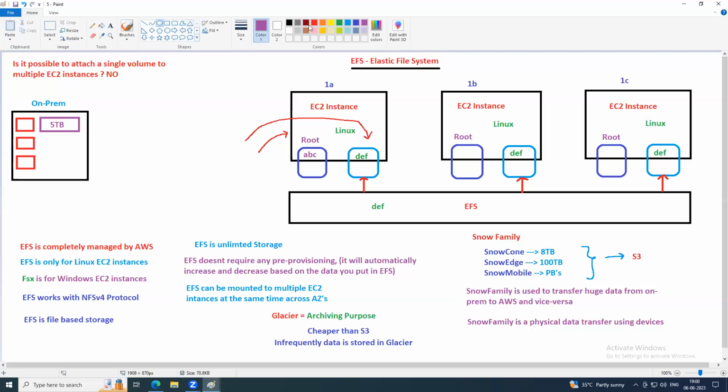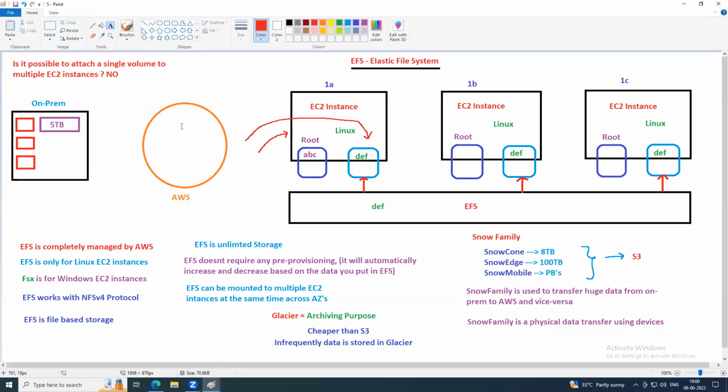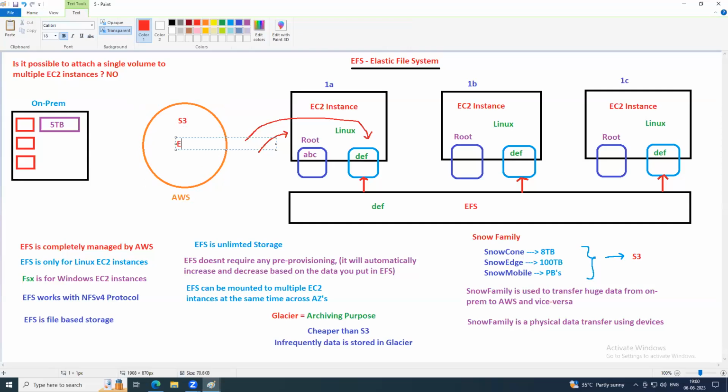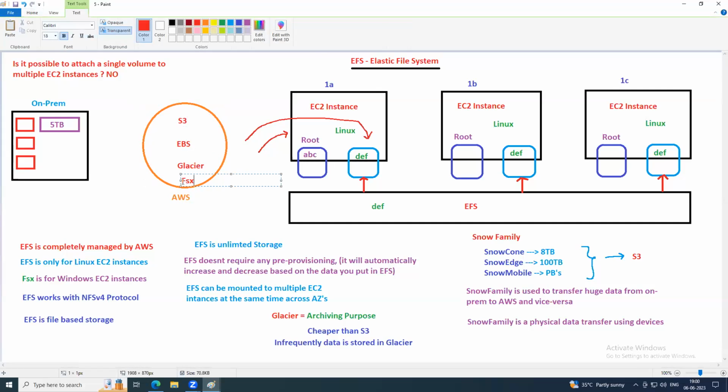Let's say this is AWS. In AWS, what are the storage services we have? We have S3, EBS, and Glacier. And we have FSx, remember?